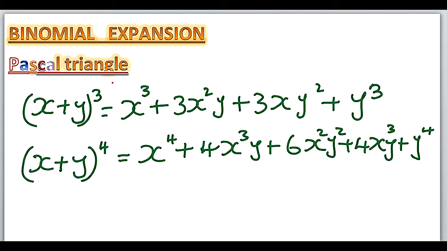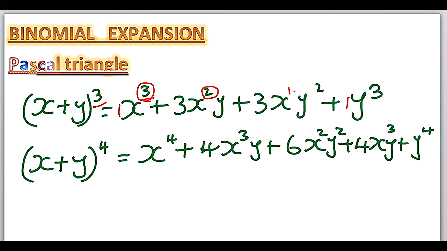Now, looking at our pattern here, we can see from the Pascal triangle that our expansion always starts with 1 and ends with 1. You notice the index here. The first term always takes that index, that is 3. Now, look at the power of x. It is reducing. This one is 2, so it reduces by 1.